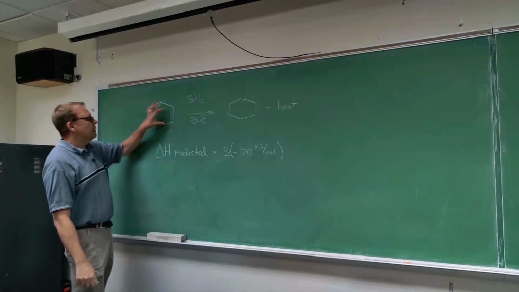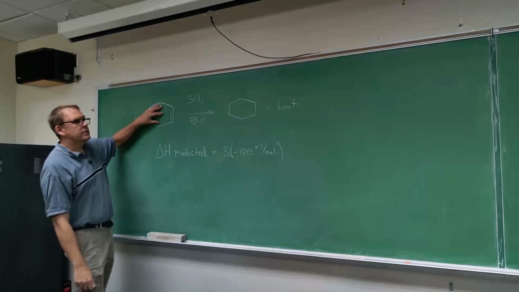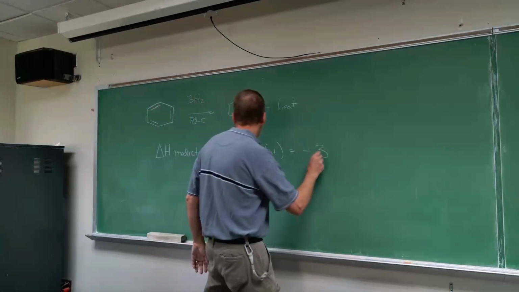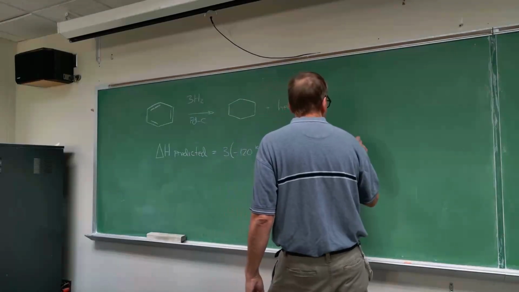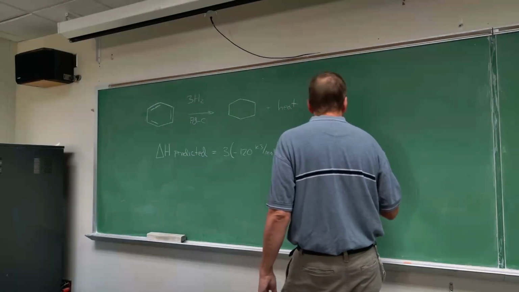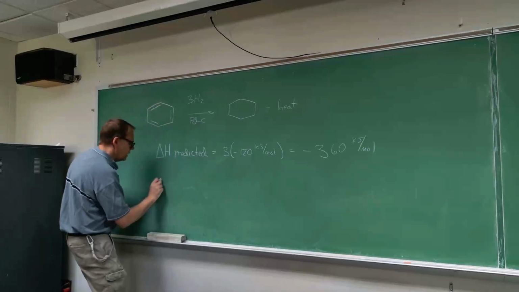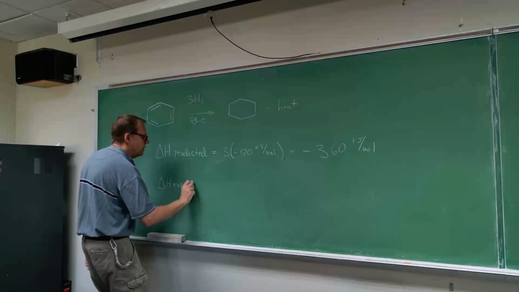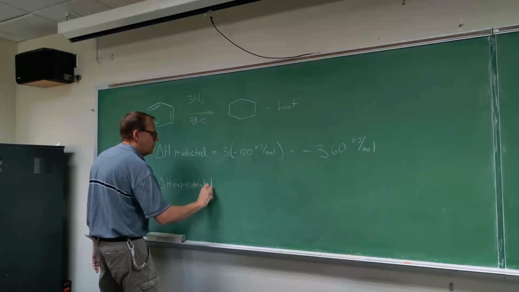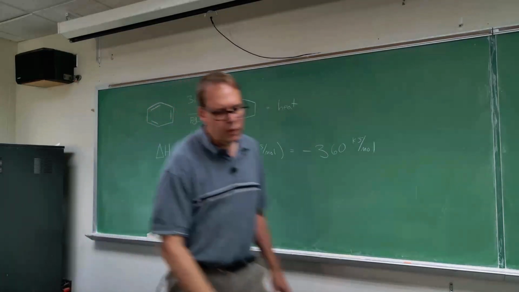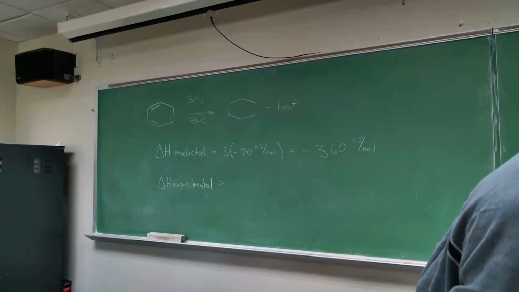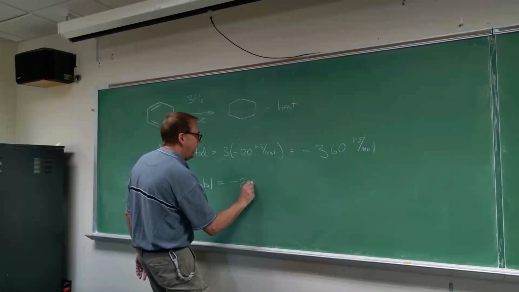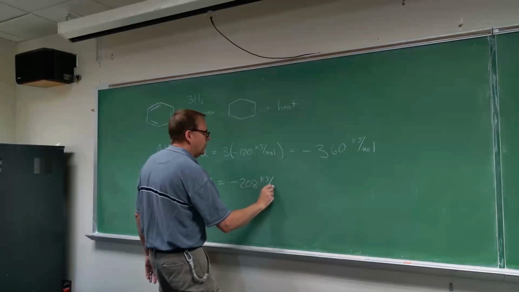That was the value of 1 double bond in a system that only had just that in it. Then we'd get minus 360 kilojoules per mole. Well, the delta H experimental, what you get when you actually measure it, is equal to minus 208 kilojoules per mole.